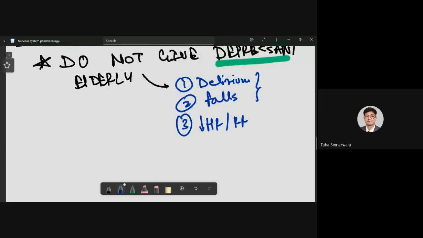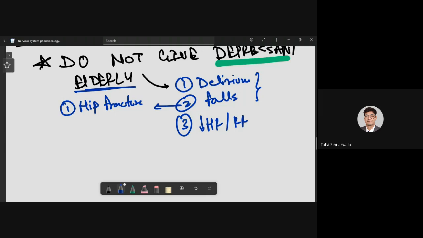But okay, another branch point here with falls. If an elderly patient falls down, what are we afraid of? Bone fractures. Hip fractures, yes. Head fractures, that's true. But what is very severe? Hip fractures are very important, so I will write that down.